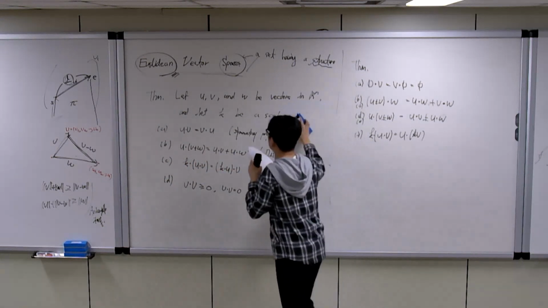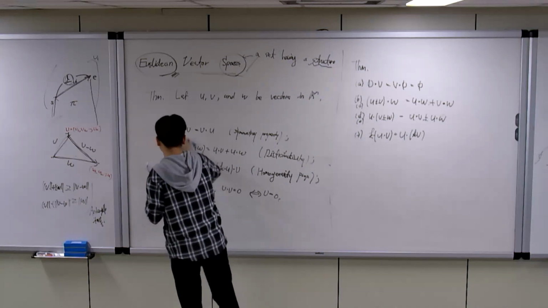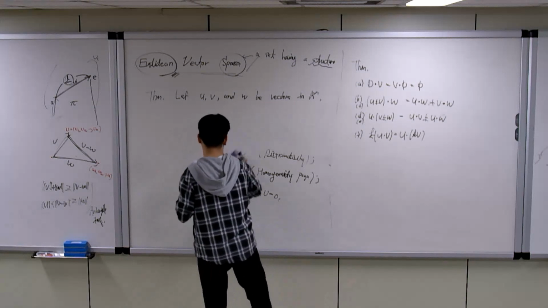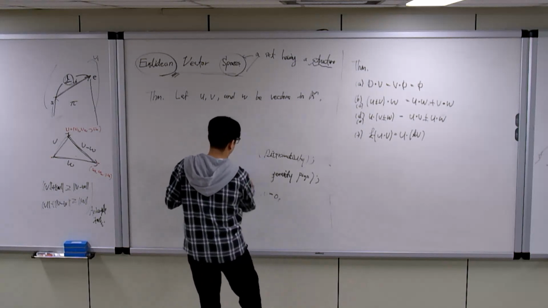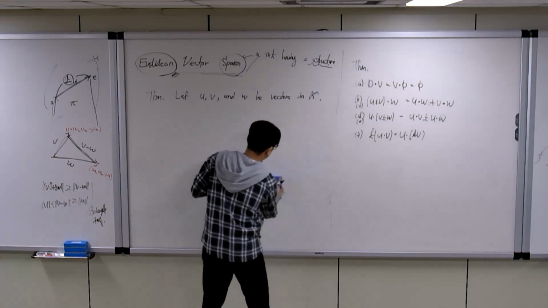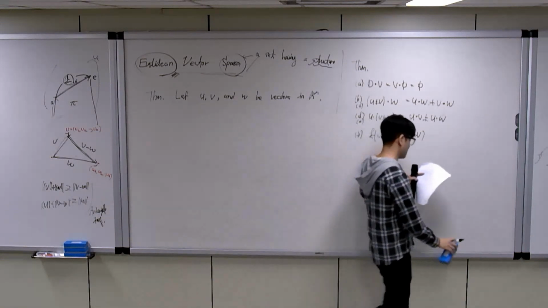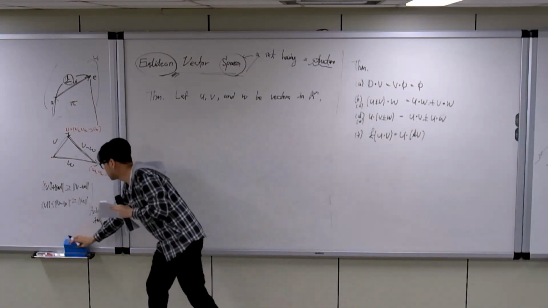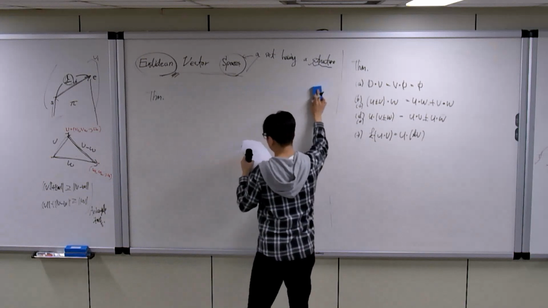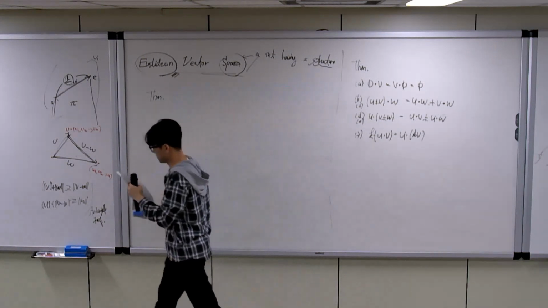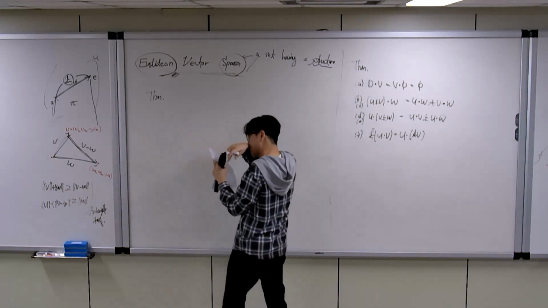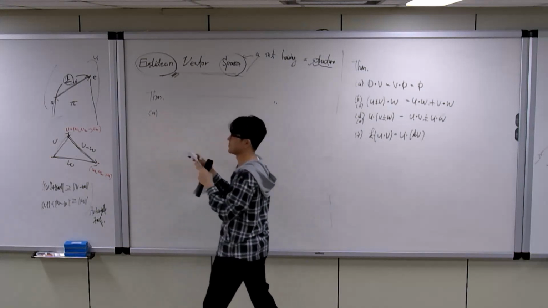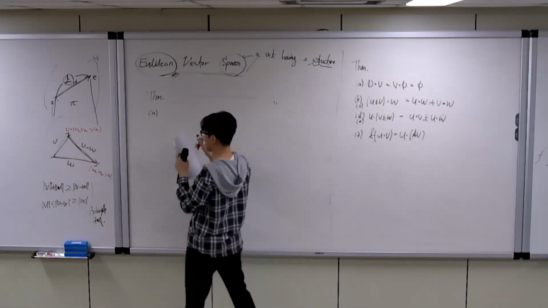And so vector spaces having inner products give the same property. I will use the same notation. u, v, w are vectors in R to the n.